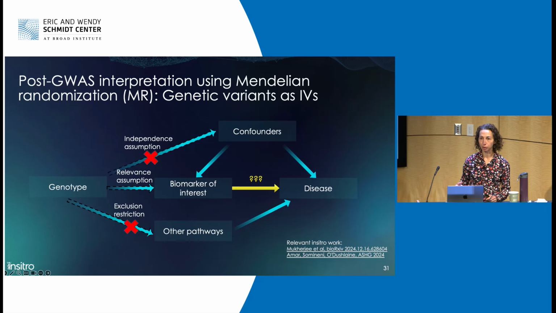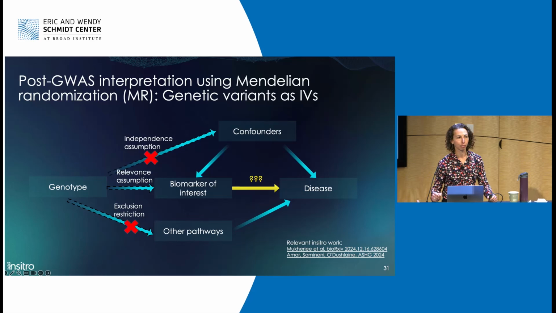And so for this, we turn to Mendelian randomization, which leverages the fact that our genotype is randomly inherited from our parents. So if our genotype is associated with some biomarker of interest, we can use it as an instrumental variable to help determine whether that biomarker is causal of disease.